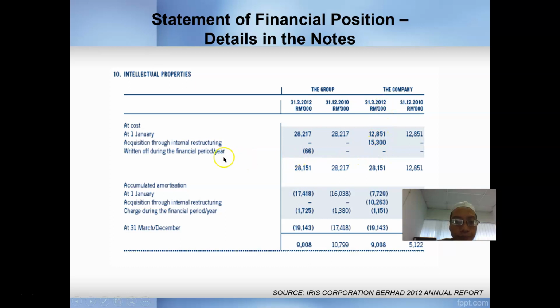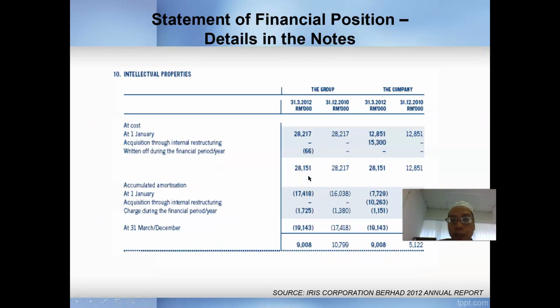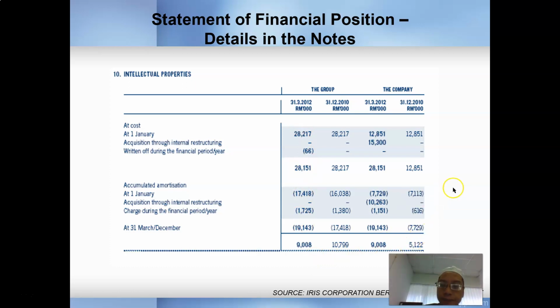Notes to the accounts also show the accumulated amortization and acquisition through internal restructuring. So there's more detail here that is not shown in the statement of financial position. In the statement of financial position, it just shows the aggregated amount, but in the notes to the accounts, it shows the details. How are the amounts arrived at?